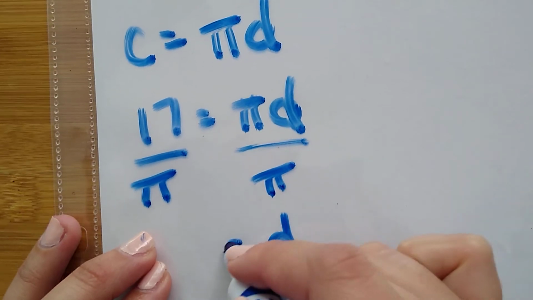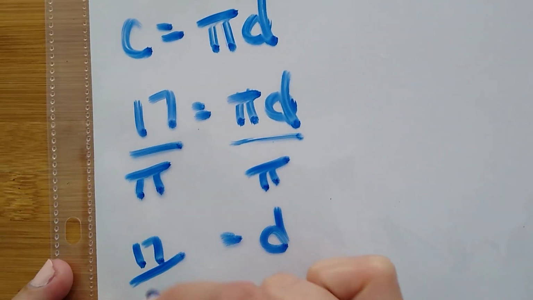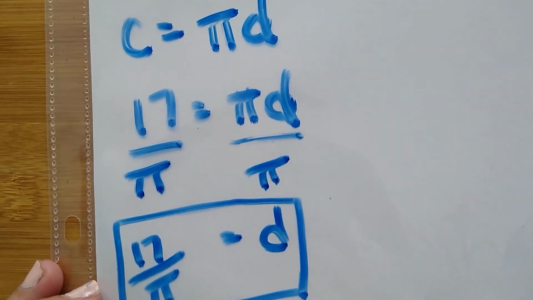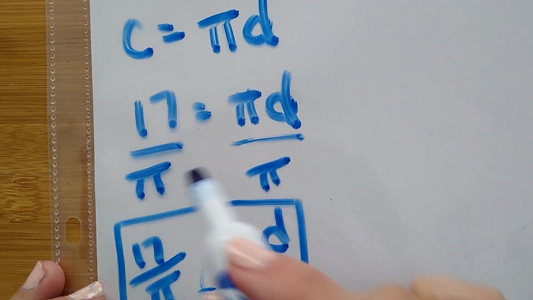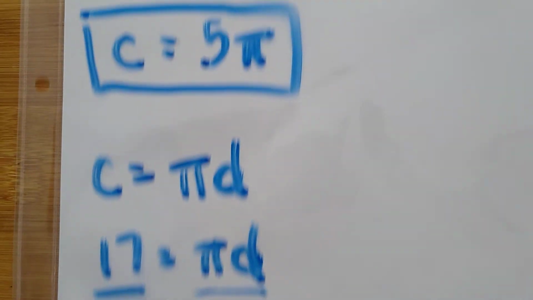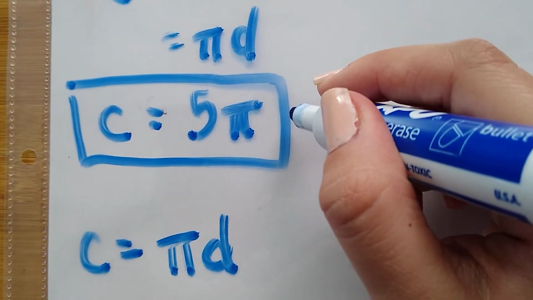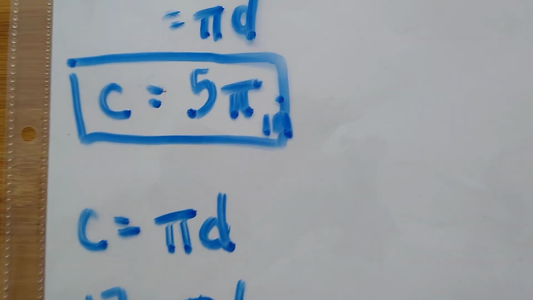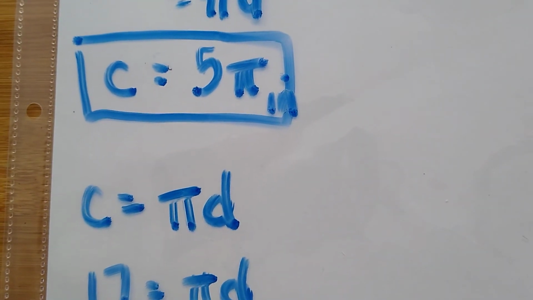And then d equals 17 over pi. And then I would just make sure that I'm also using the correct units, so feet. And in the previous problem, it was actually inches. So 5 pi inches.